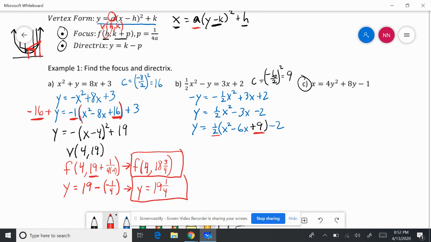But we have to be careful because my a value is 1/2. So that would be halves. So I'm going to do 2 steps in one again. First going to factor it. And that gives me x minus 3 squared.